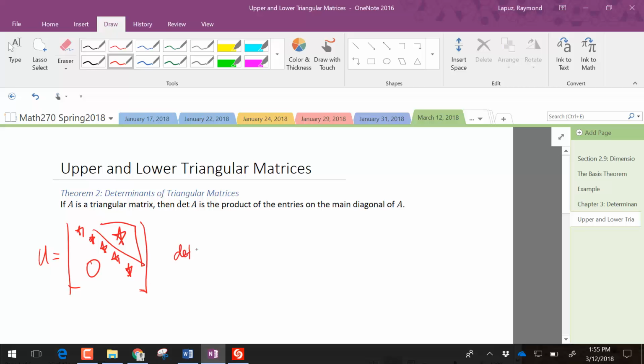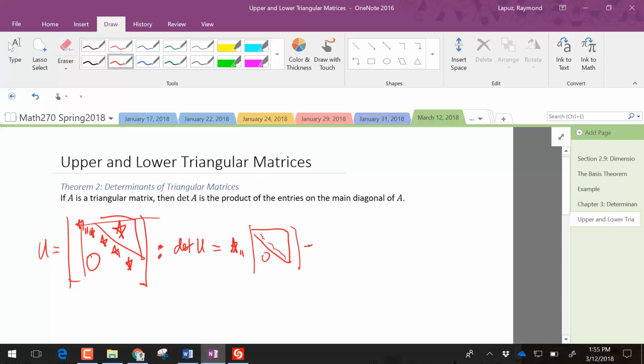So the determinant of U is going to equal the first star, let's call it star 1,1, times the submatrix that's left after you cross that out, which is the rest of the stars in the diagonal, still an upper triangular matrix, plus or minus a bunch of zeros.